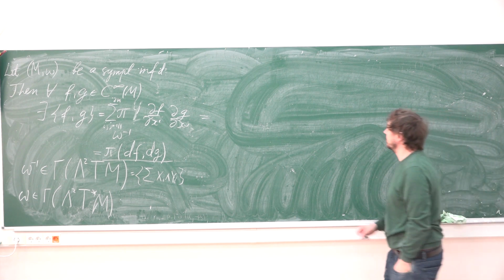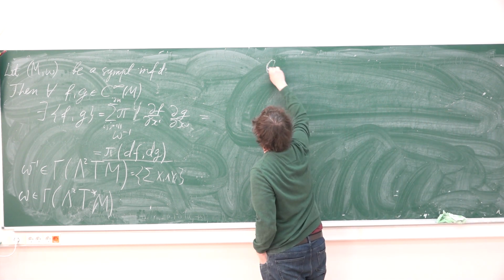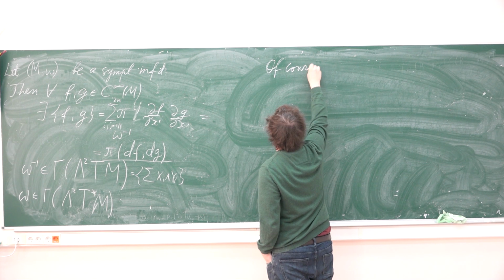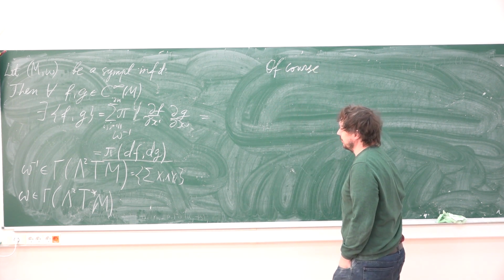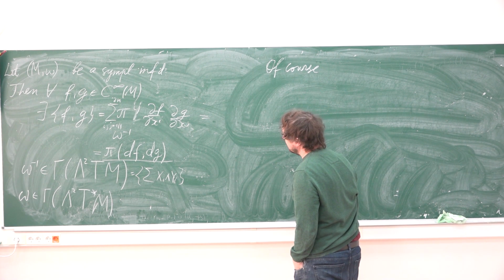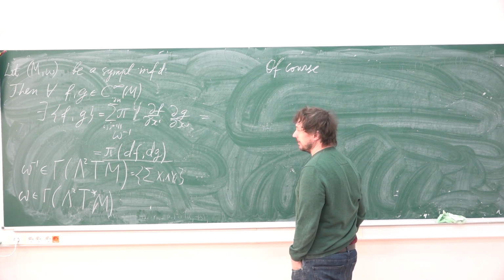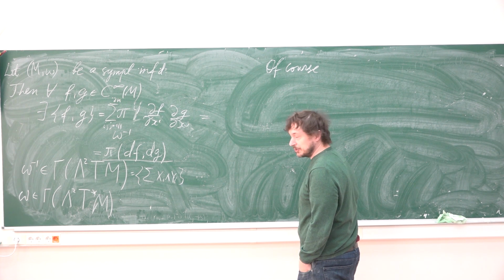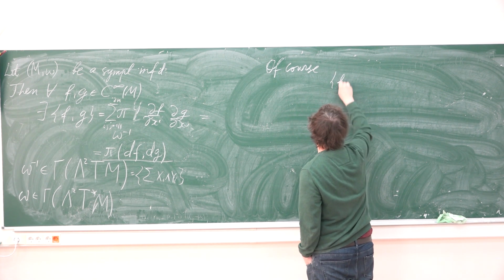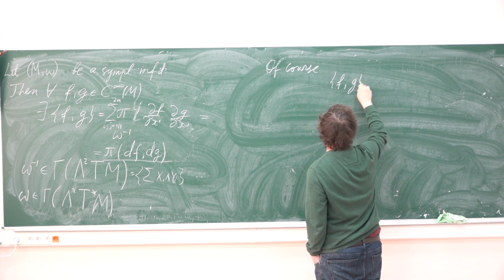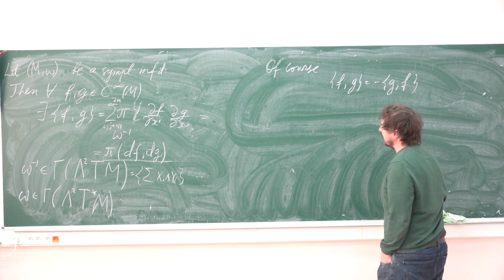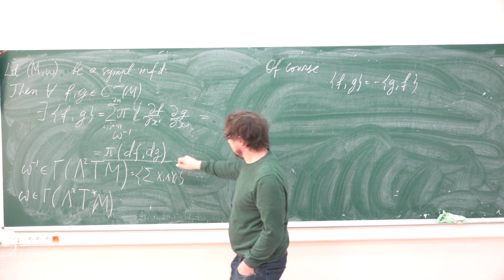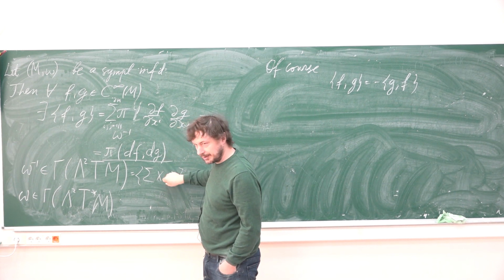And of course, this operation verifies two out of three conditions which we usually impose on Poisson brackets. That is to say, it is skew-symmetric, which is evident just because this product is skew-symmetric.